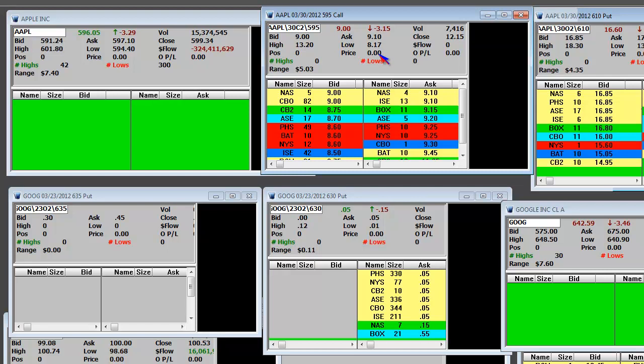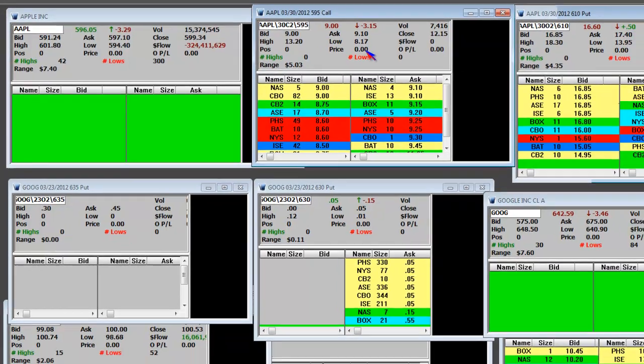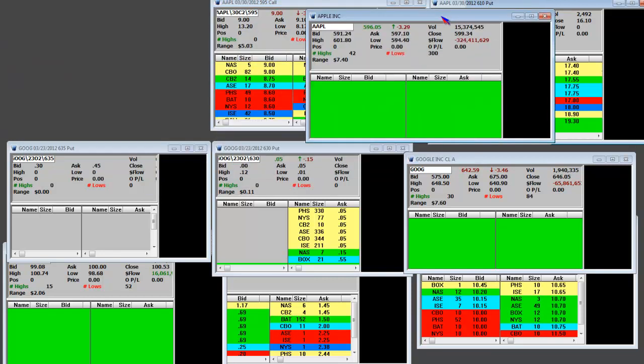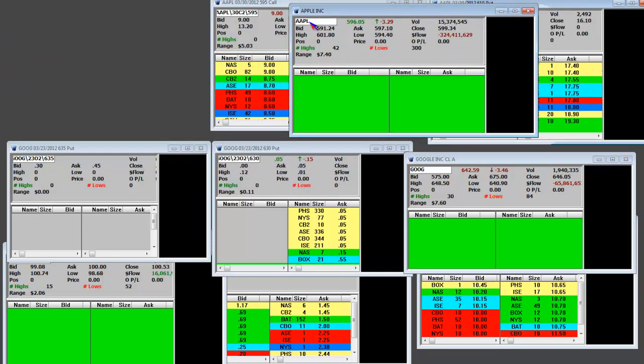These markets belong to us, and in pre-market we know exactly where to put things, and we know where that lower end is going to be, both on the call side of the market and also on the put side. And it's always going to come back to the directional price movements of Apple Inc.